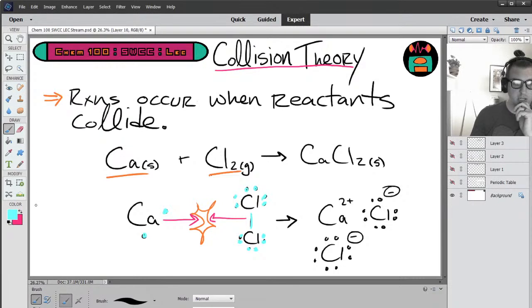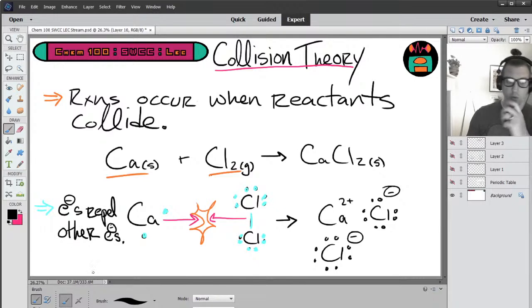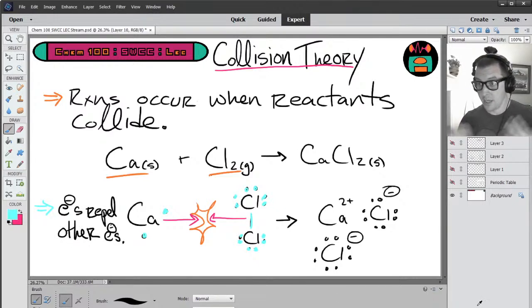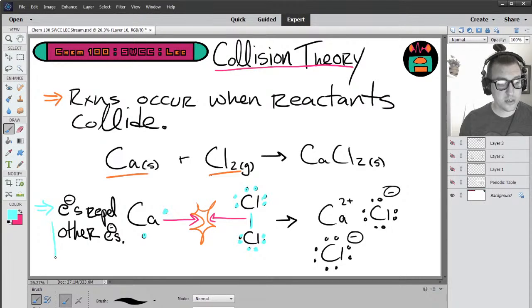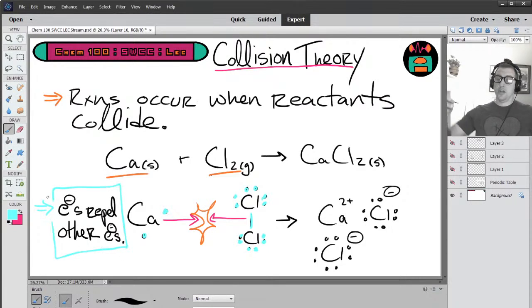And electrons repel other electrons. Why? Well, it's simple. They're negatively charged. And we know that like charges repel each other.